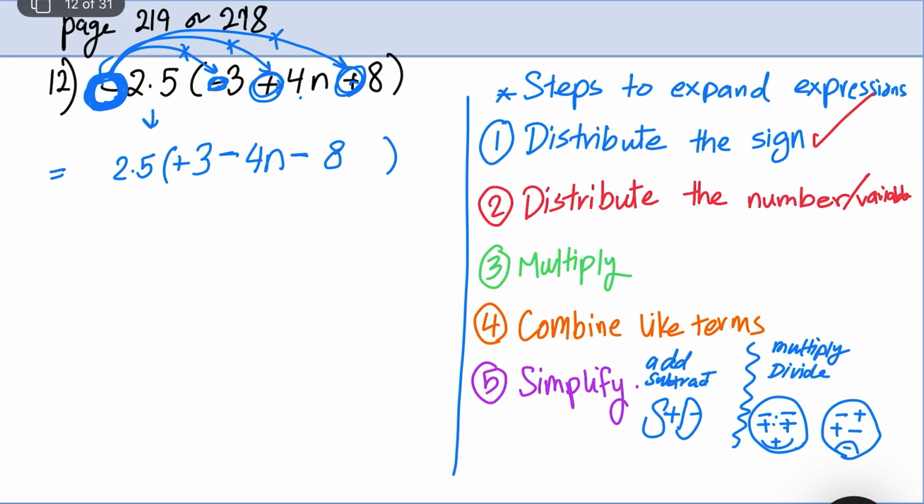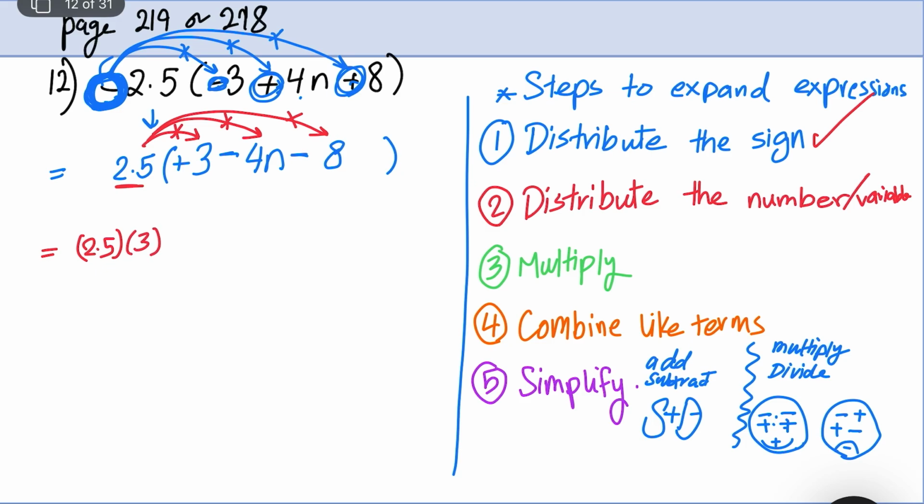Moving to step number 2 is to distribute the number or a variable. Since I have a number outside, let's go ahead and distribute it. 2.5 times the 3, 2.5 times the 4n, 2.5 times the 8. Now I will do it as I'm used to. So 2.5 in a bracket, because in algebra we multiply numbers using brackets.